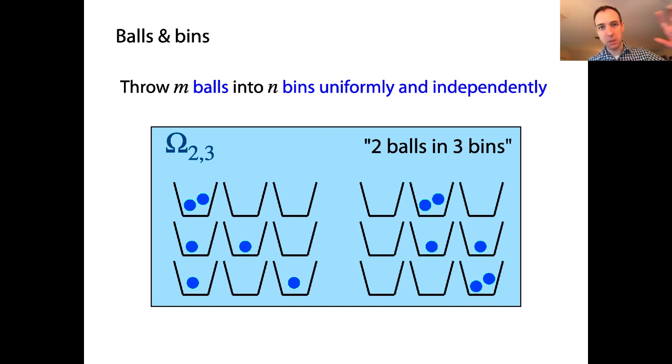So uniformly means every ball has an equal chance of going into any bin. And then independently means whatever happens with one ball depends in no way on any of the other balls, right? Each ball has a separate, entirely new, uniform chance of ending up in any bin.